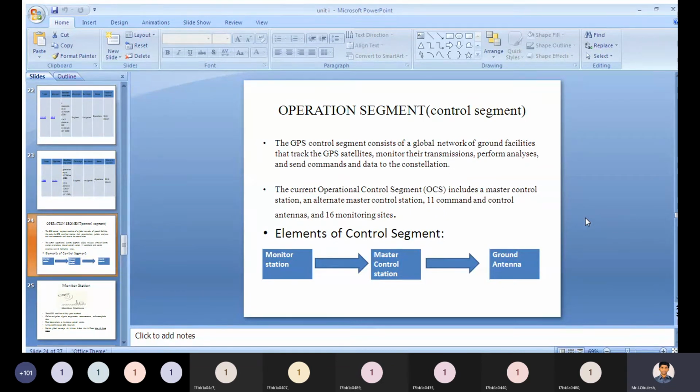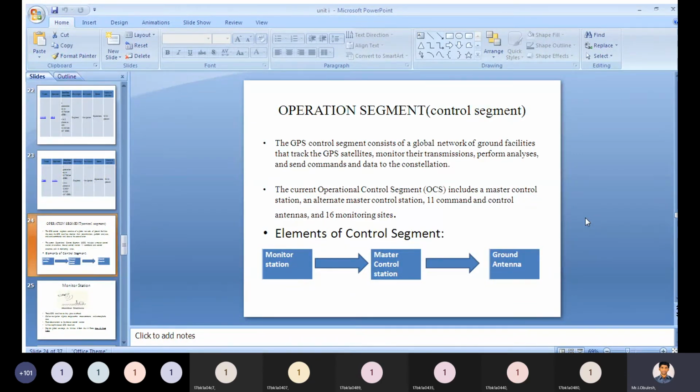The GPS control segment consists of a global network of ground facilities that track the GPS satellites, monitor the transmissions, perform analysis, and send commands and data to the constellation.